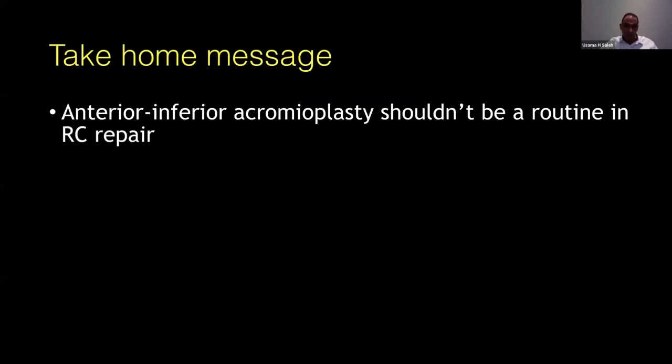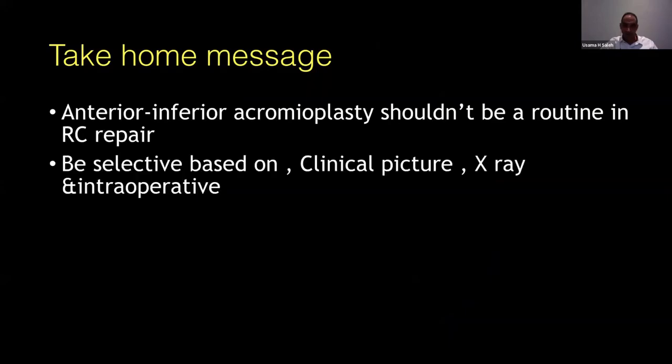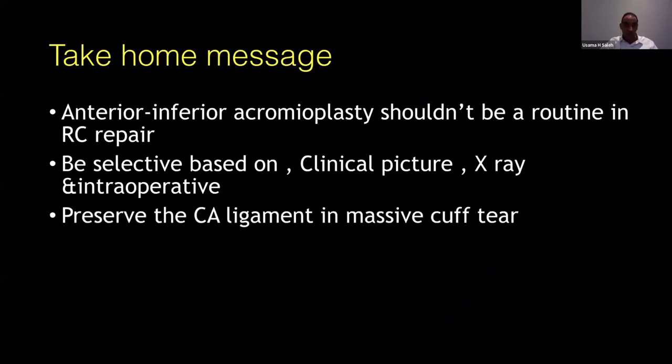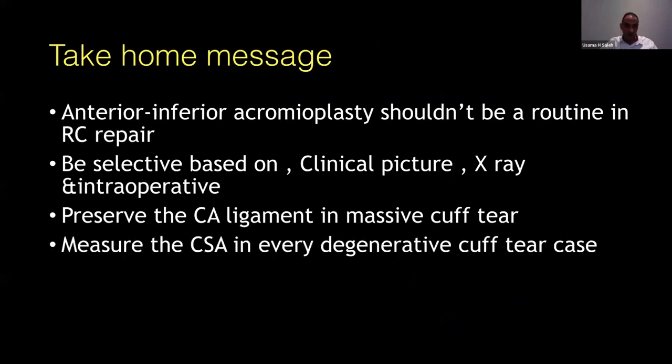So finally, my take-home message from the presentation is that anteroinferior acromioplasty shouldn't be done routinely in all cases of rotator cuff repair. You should be selective based on the clinical findings, the X-ray, and the intraoperative findings. It is very important to preserve the CA ligament and avoid acromioplasty in patients with massive cuff tear, whether repairable or irreparable.